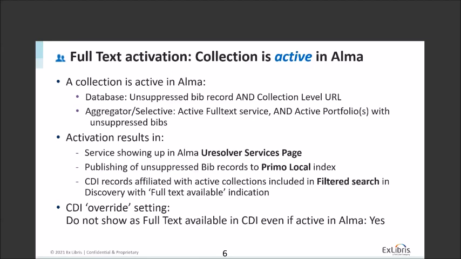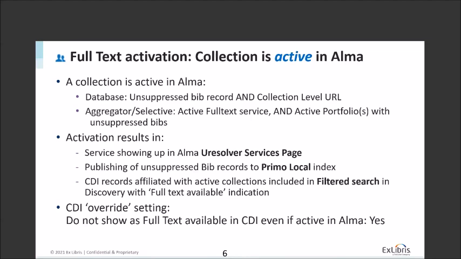A collection is active for full text, and that results in, first of all, the service showing up in your Alma uResolver page, and also the publishing of the unsuppressed bib records to your Primo local index. So when the user searches and the search is for the local content, they will find the bib when they execute the search.